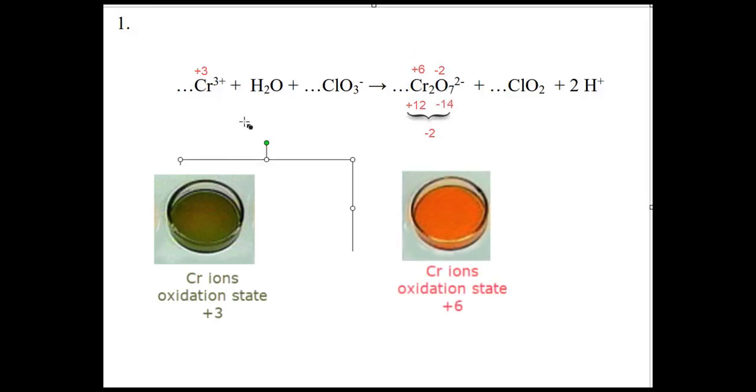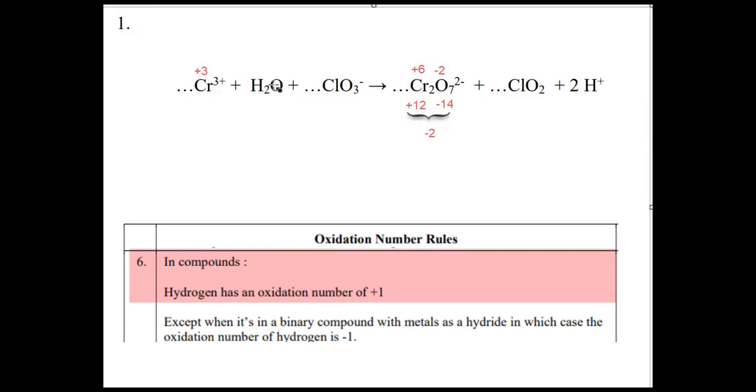Remember, it's always good to have the single oxidation number up there. Now, hydrogens rarely, unless you've got the element, change much. If you had hydrogen gas, definitely it would undergo oxidation reduction, but hydrogen's a +1 almost always. And here's oxygen in a compound, -2, doesn't change any.